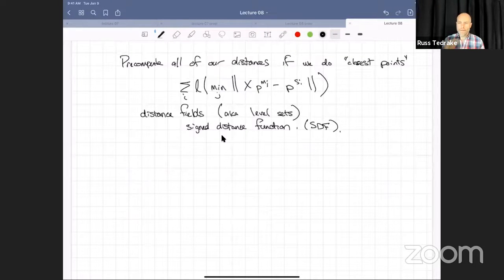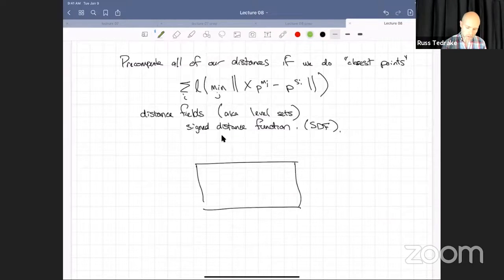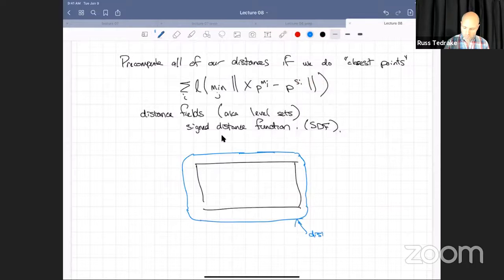You can do this for models described by points. You can also do it for models described by meshes, right? It's actually sort of cleaner to think about if I had a model that was a mesh, then what am I doing when I'm pre-computing? Well, there's a distance of 1 that's sort of this ring here, there's another one that's distance 1 on the inside, and there's a distance 2 out here.